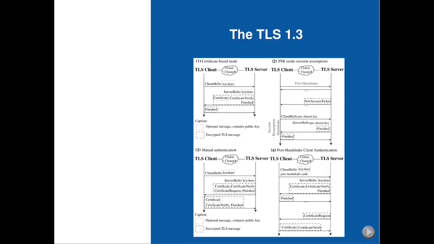And the last method is called the post-handshake client authentication, which is similar to the previous one, but it happens with authentication from the server side, and after this handshake is finished, the server requests the client to authenticate itself.